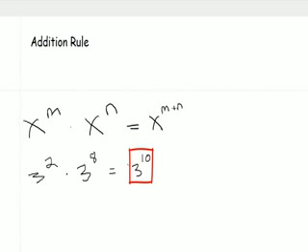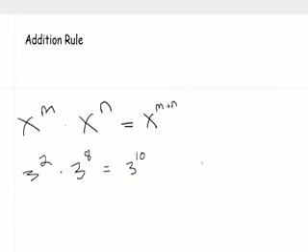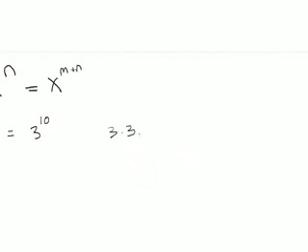And one way to visualize what's going on here is, well, what is 3 squared? 3 squared is 3 times 3. And then what is 3 to the 8? 3 to the 8 is 3 times 3 times 3 times 3, 3 times 3. Let me make sure I got all the numbers. 1, 2, 3, 4, 5, 6, 7, 8.